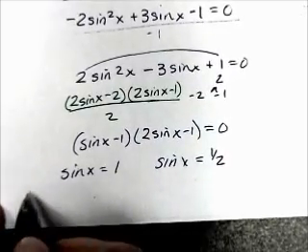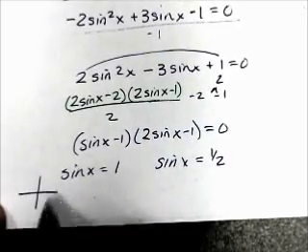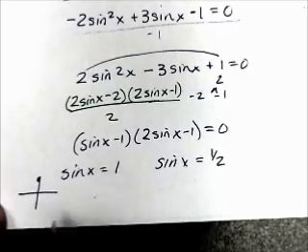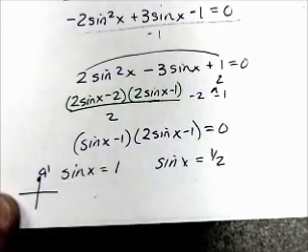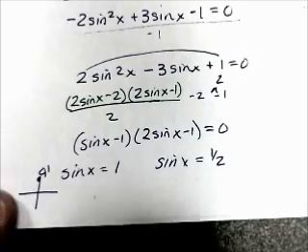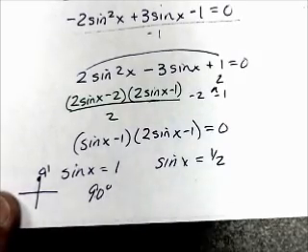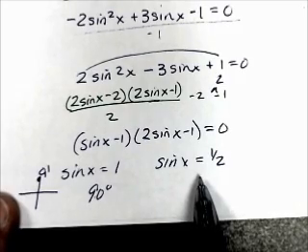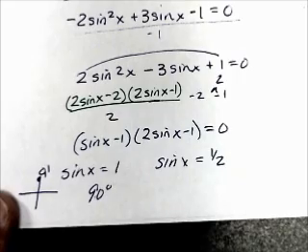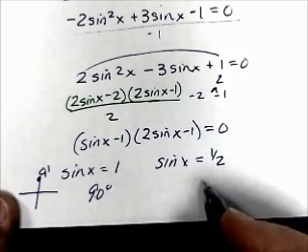Now, sine x equals 1. At this point, you should be familiar with a sine value of 1 occurring at 90 degrees. And sine x equals 1/2. What angle measure has a sine value of 1/2? 30 degrees.